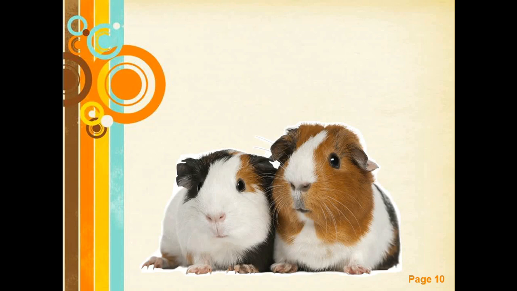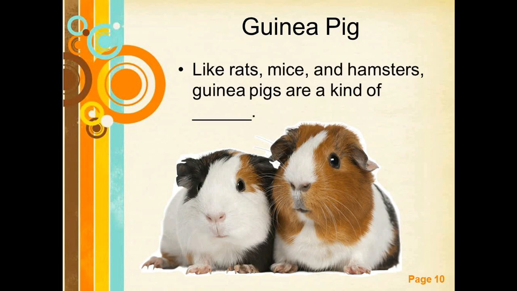What about these two animals? They are called guinea pigs. Guinea pigs. I don't know why we call them a kind of pig. They obviously don't look like a regular pig. Guinea pigs come from South America. And just like the other animals we saw, rats, mice, and hamsters, they're a kind of rodent.